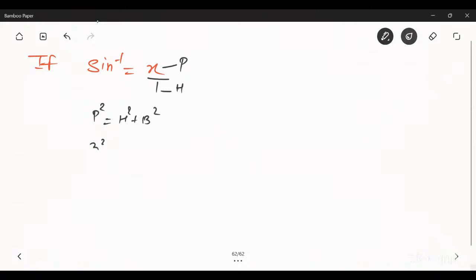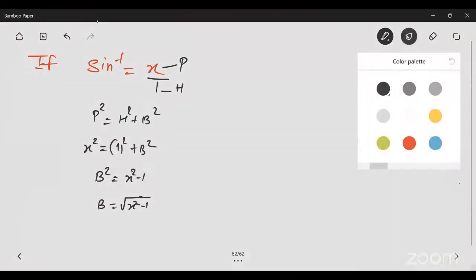So 1 square is equal to x square plus base square, and base square is equal to 1 square minus x square. So from here, we will get the value of cos inverse.